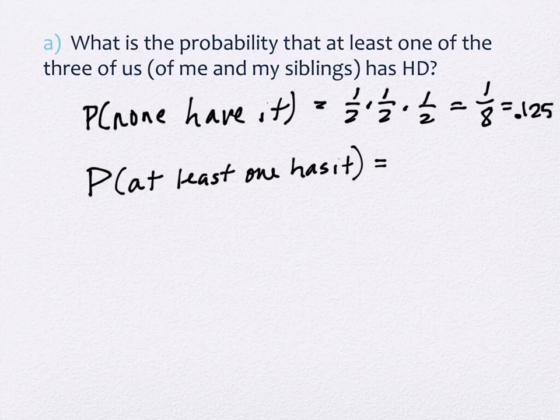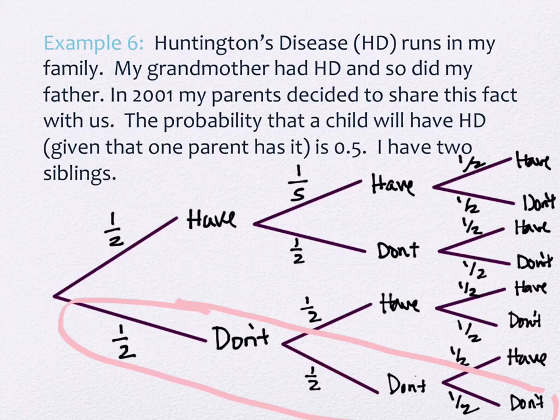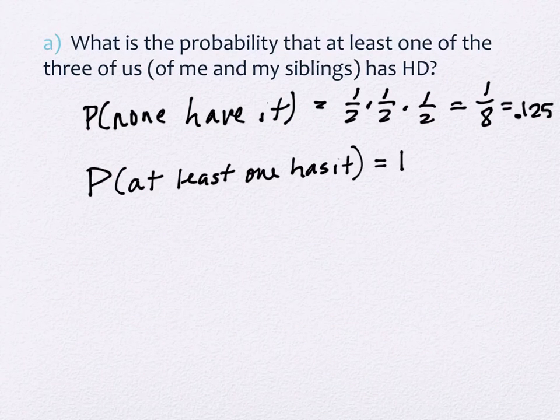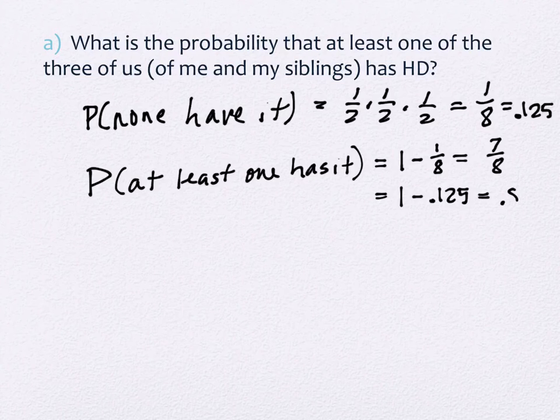Every other branch except for that last one that I circled in the pink, every other branch has somebody with the disease. Whether it's me, my sister, or my brother, every other branch. And so it's 1 minus the 1/8 or 1 minus the 0.125. And you're right, it's 7/8 or it is 0.875.